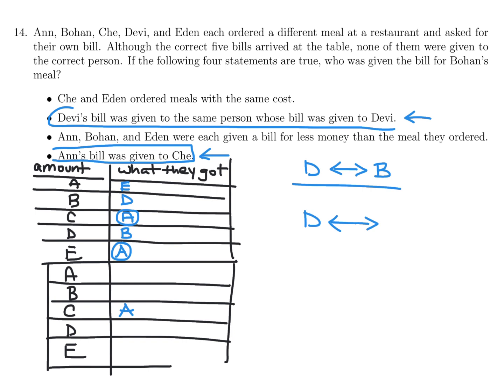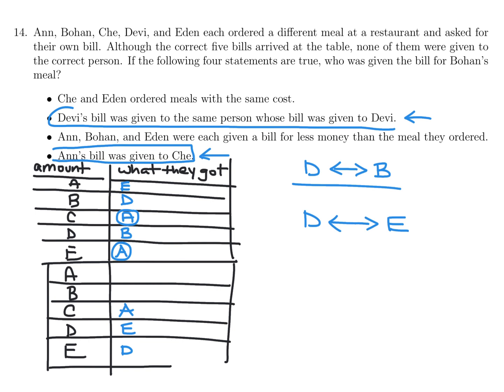Who do you want to try then? Let's try, well, it can't be C because C's already been assigned, and the only other choice is E. So D is given E and E is given D, like that. Okay, so then we have to figure out, well, A and B are the only ones left.